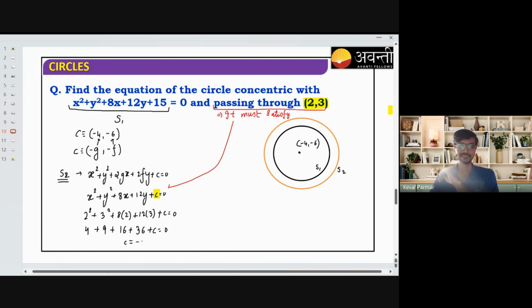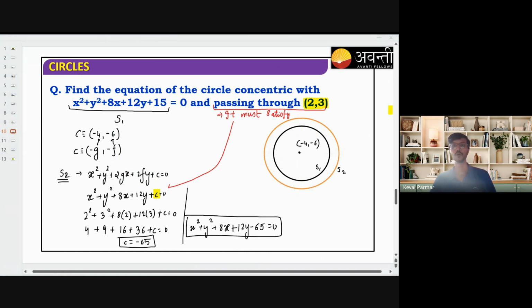So c is basically minus 65. So that leaves me with, let us substitute the value back into the circle. So I'll get x square plus y square plus 8x plus 12y minus 65 equals to 0. This is my answer. I hope you got it.